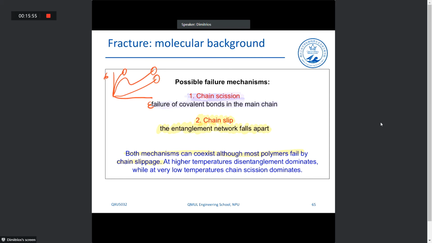Because in this case, they display a rubbery behavior. While at very low temperature, chain scission dominates. In this case, of course, as you would expect, we have a glassy behavior.